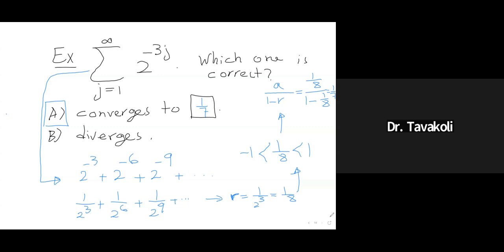Let's see another example of a geometric series. As usual, I recommend that you pause the video and try it on your own. e to the power of minus 5n, where e is that famous irrational number, and n runs from 0 to infinity.